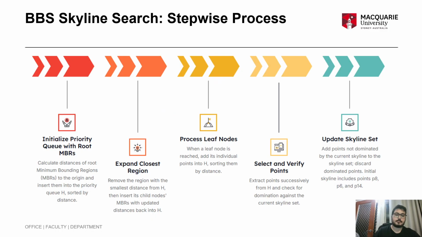So basically how the skyline search is done is in a way that we calculate the distances from the root MBRs to the origin point, meaning the x-axis 0 and the y-axis 0, and then the distances alongside the IDs will be stored inside a queue H, and then we will pop the first element and insert the child nodes, or points if it is a leaf node, inside the H queue.